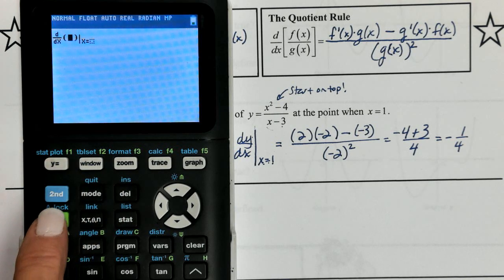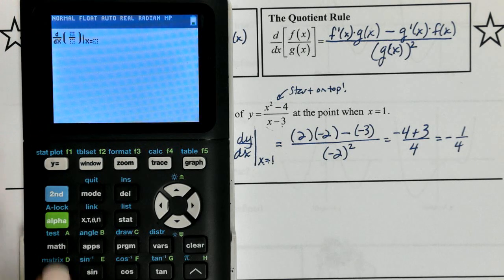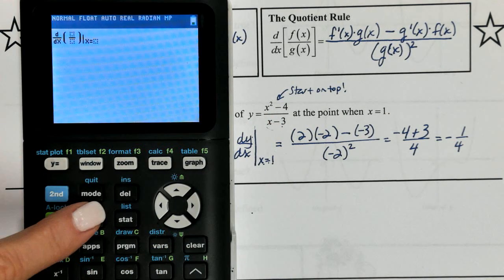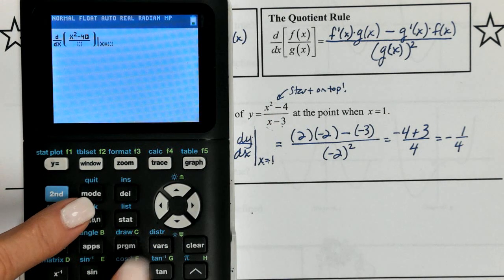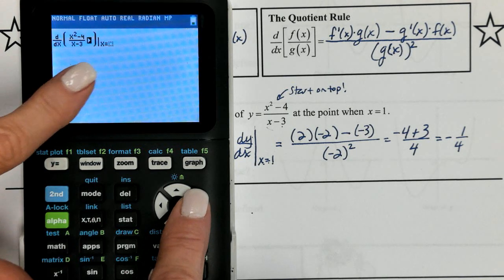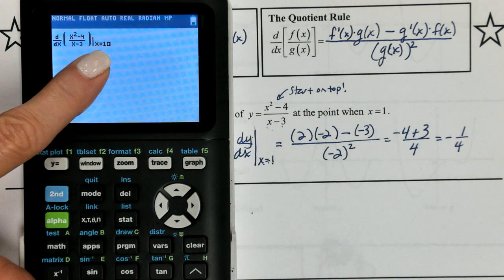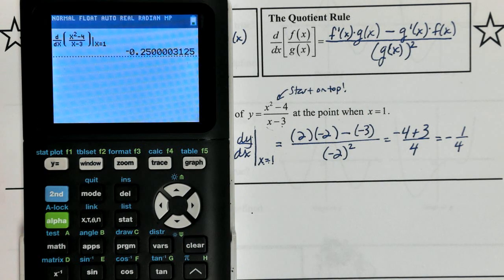My calculator allows me to do alpha x and get that fraction template, and that's quicker for me than going to F1. So, x squared minus 4 on top, x minus 3 on the bottom. And we are evaluating this when x is 1, so we're going to put 1 in for x.